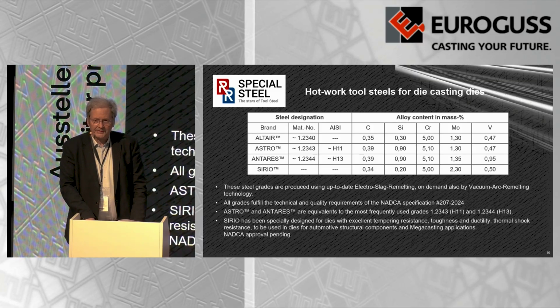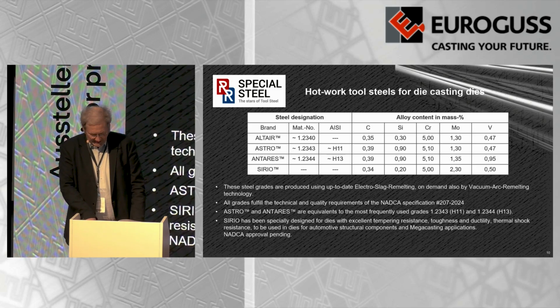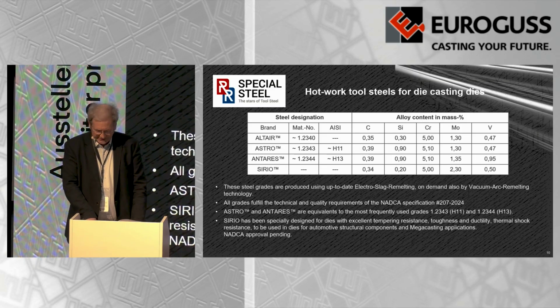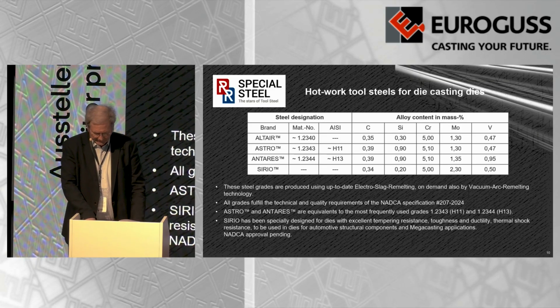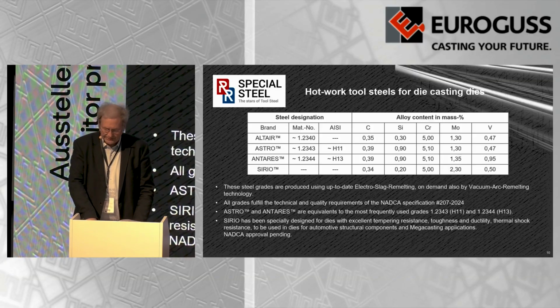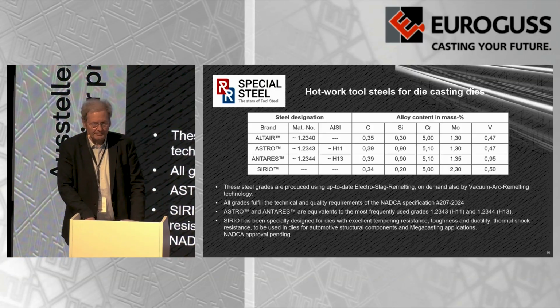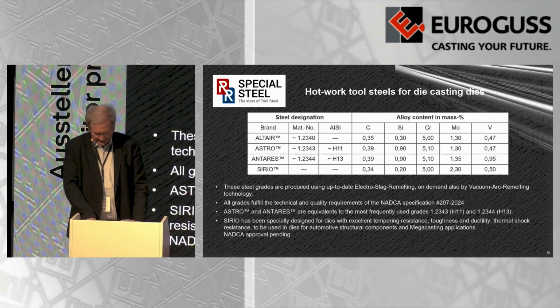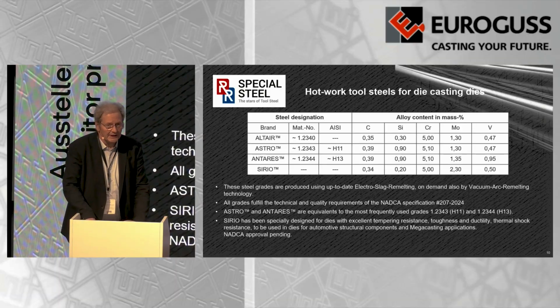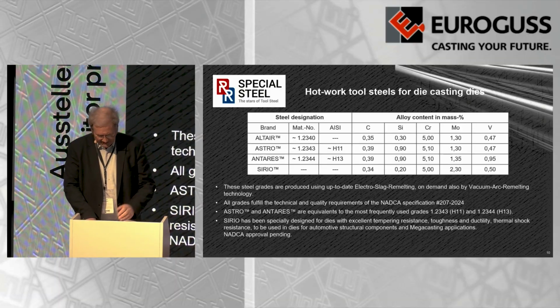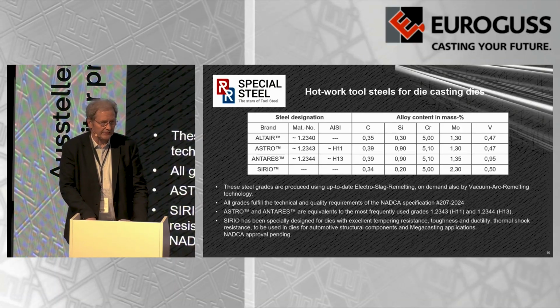And on demand, if a further improvement of the cleanliness is required, they can also be delivered from vacuum arc remelting technology. All 4 grades fulfill the technical and quality requirements of the NADCA specification 207 from 2024, and Sirio is expected to be taken up into the specification very soon.